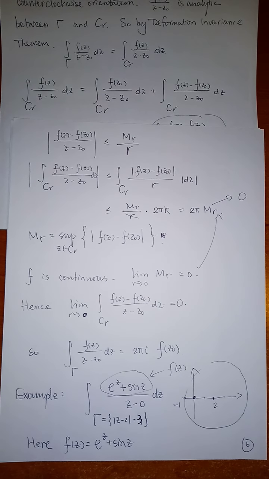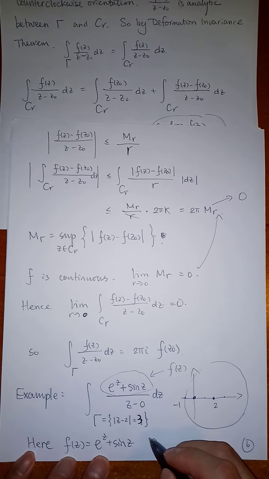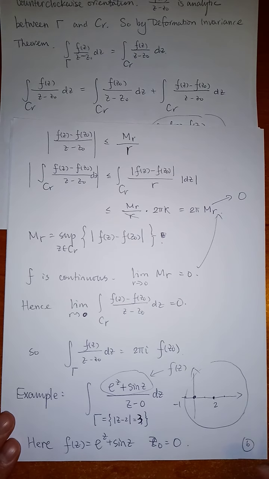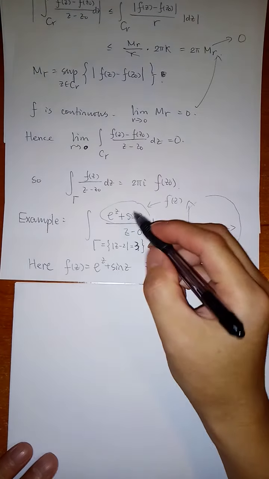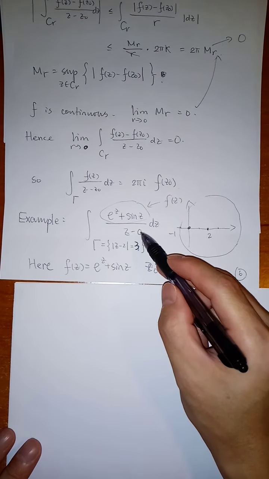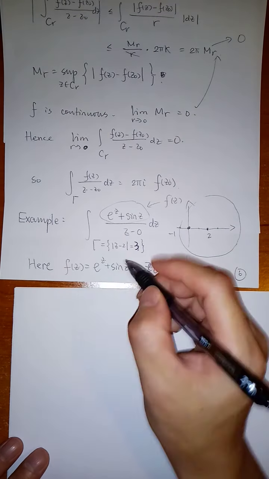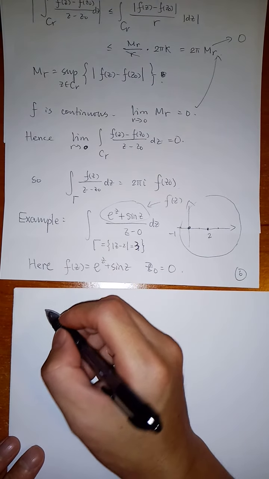So here f(z) is e to the z plus sine z, and z0 is 0. Okay, f(z) is the numerator, and the denominator is z minus 0. So that's by the integral by the Cauchy formula.